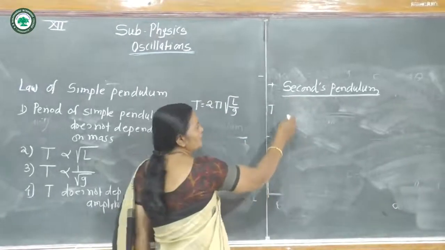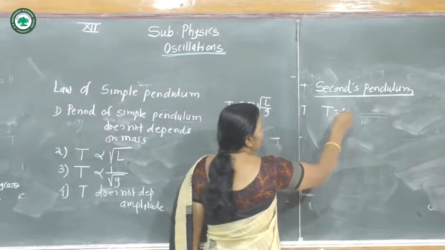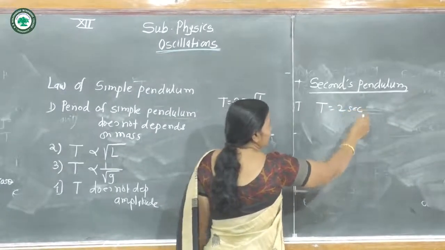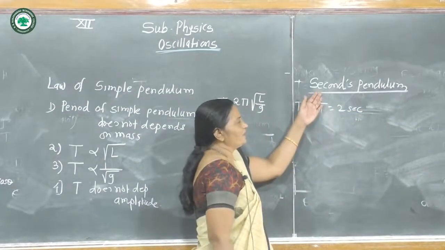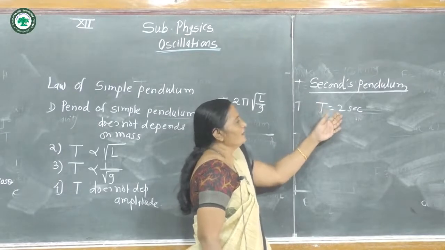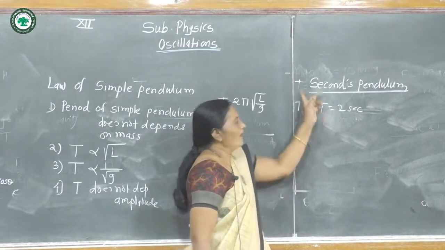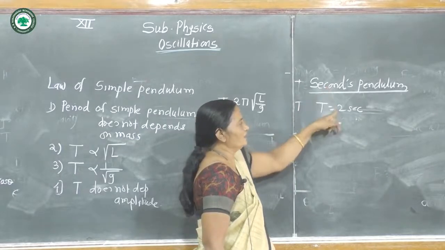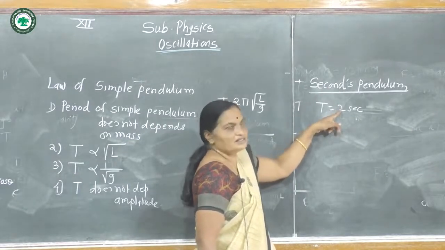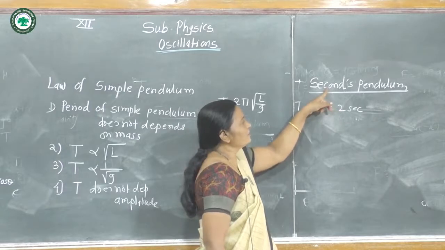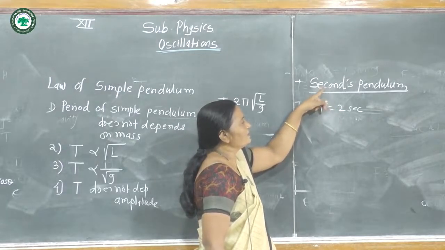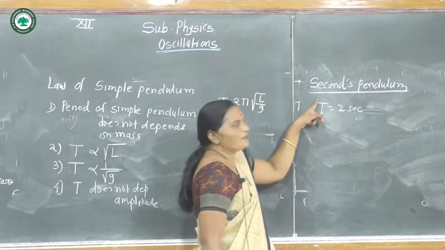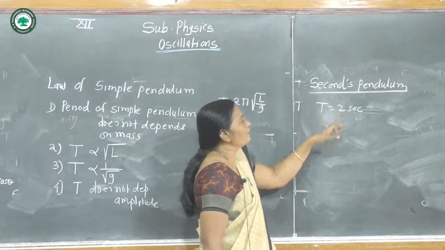That is, the period is equal to 2 seconds. The period of seconds pendulum is 2 seconds.